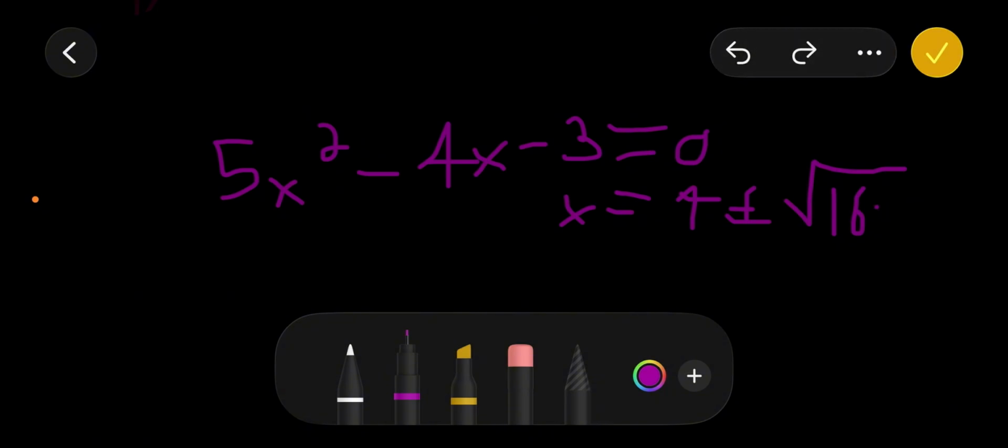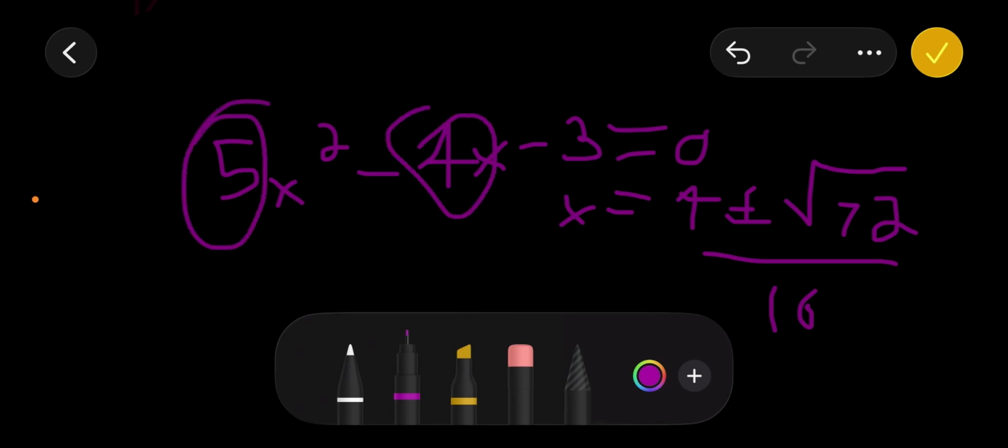So plus 60, or the square root of 76, divided by 2 times 5, which equals 10. I hope you guys understand what the a, b, and c mean. So we have 4 plus or minus the square root of 76 divided by 10.